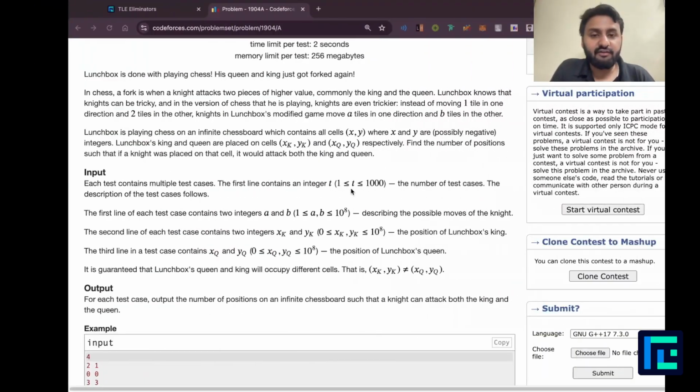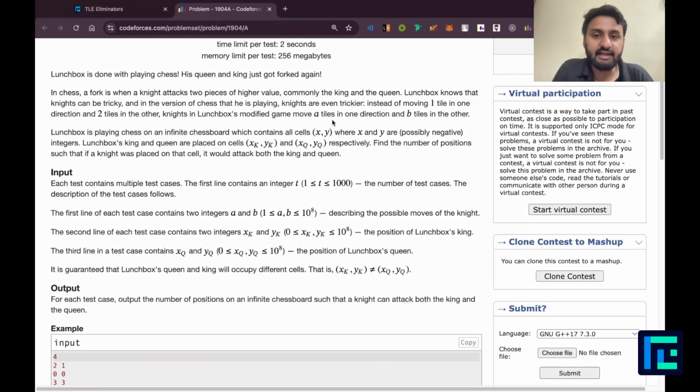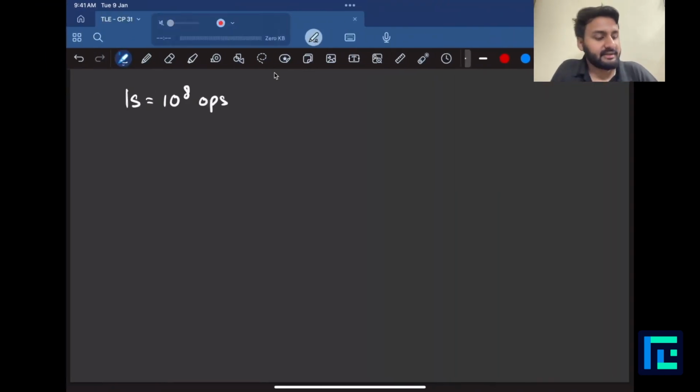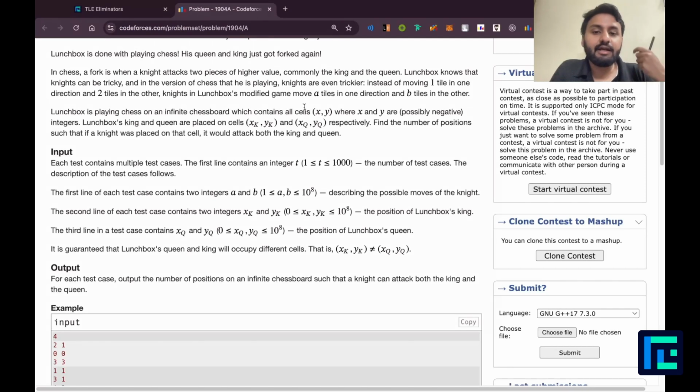I know by general fact that I am allowed 10 power 8 elementary operations in 1 second. Now in this question, it's very clear that I have been allowed 2 seconds as a time limit for every test. That means one test allows me 2 seconds, equal to 2 into 10 power 8 elementary operations. Now this being allowed, every test has some test cases, that is this variable t, which is in 10 power 3 order.